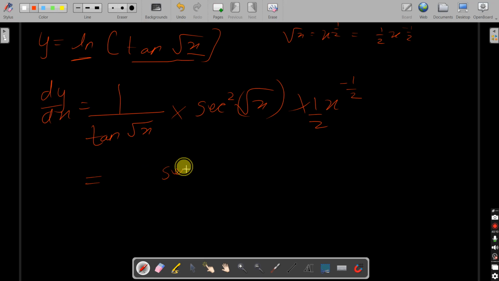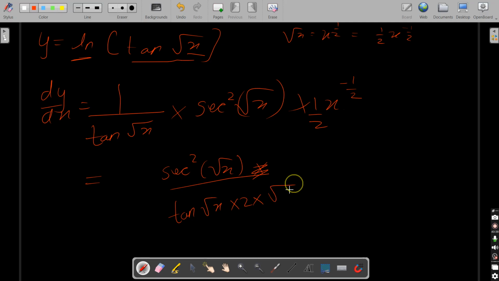So sec square under root x into 1 upon tan under root x multiplied by 2. This is negative power, so this should come down, and this is half, so this will come in under root, multiplied by under root of x. So this is a simplified version. dy by dx is equal to this.